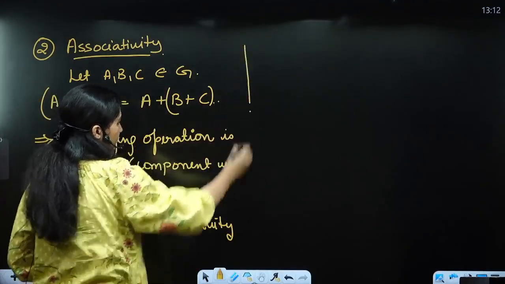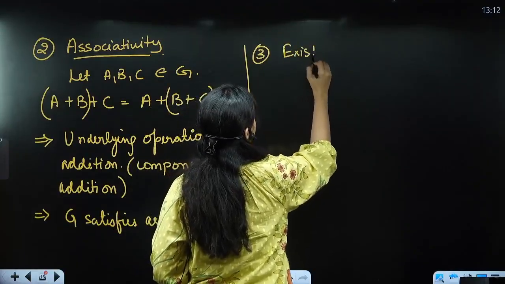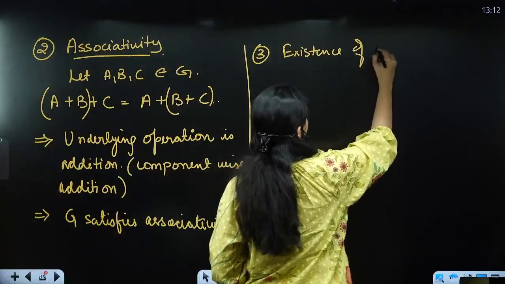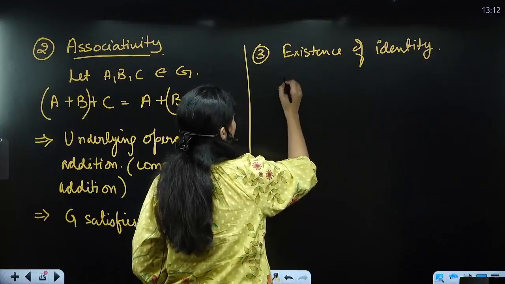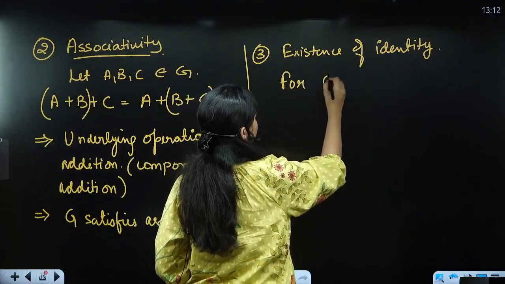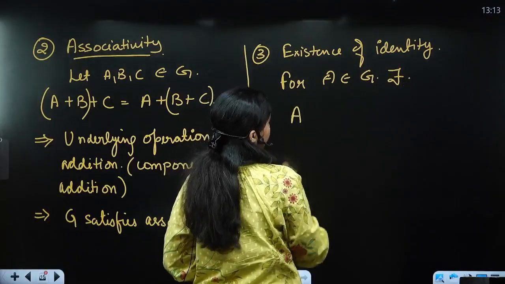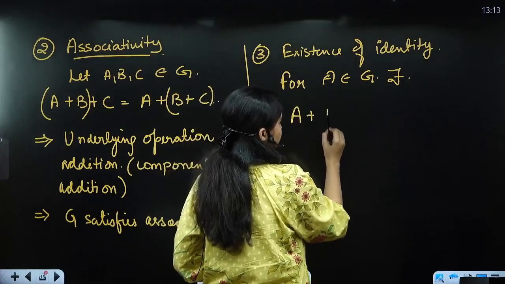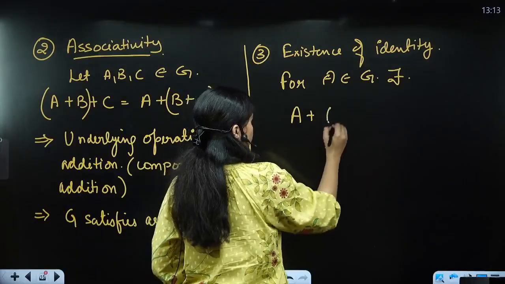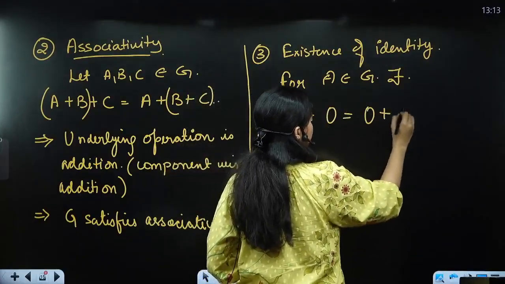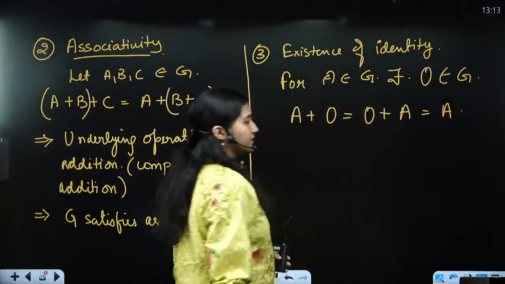All right, then we have existence of inverse or identity. Now for A belongs to G, there exists A plus some 0 matrix, such that I'm going to get the answer as A only, right?